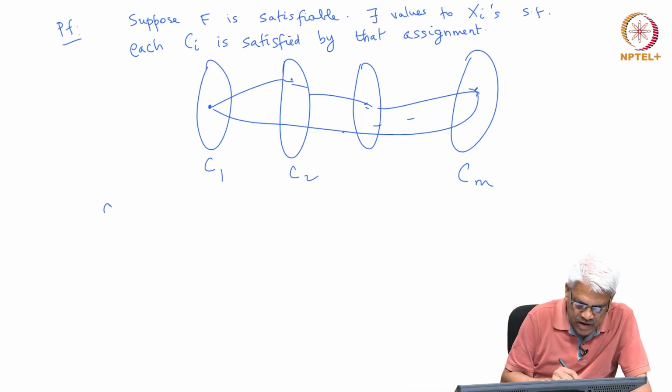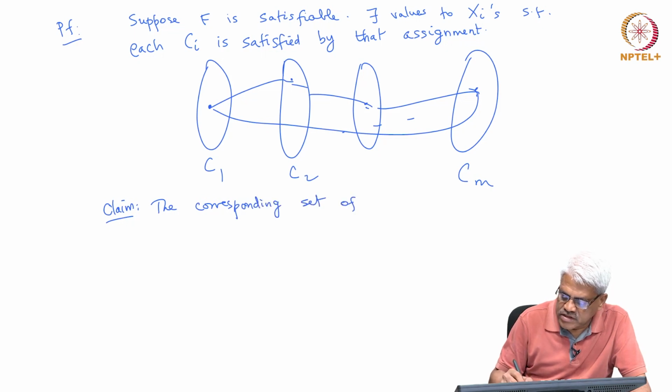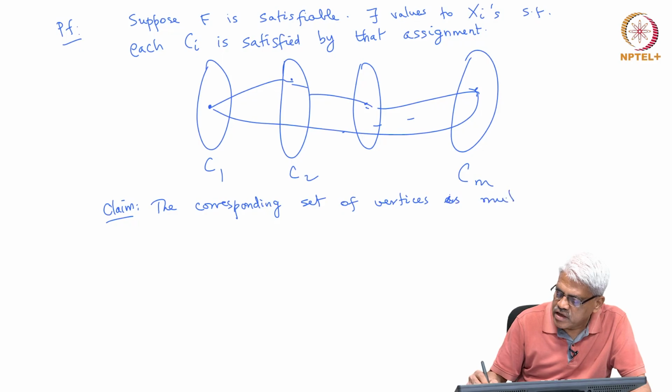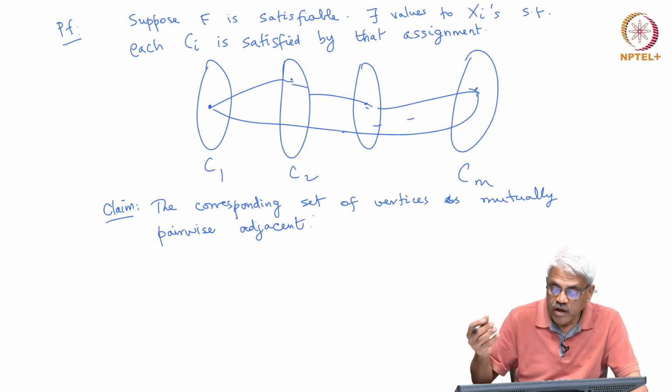So, the claim is that the corresponding set of vertices is mutually pairwise adjacent. Okay. Why?